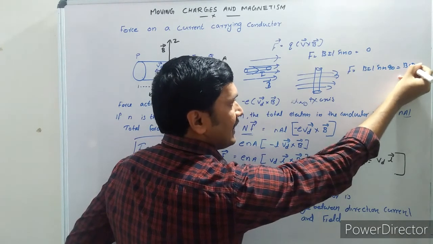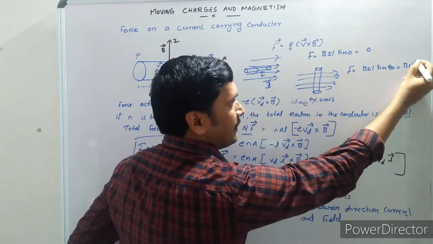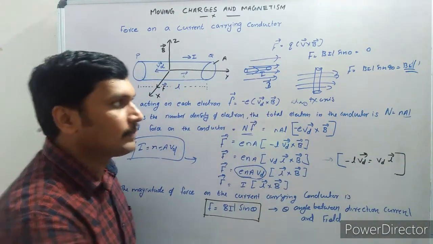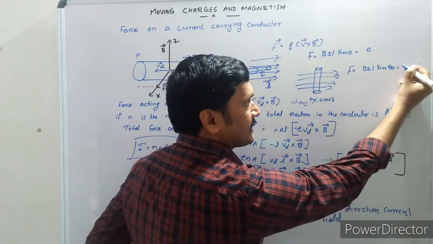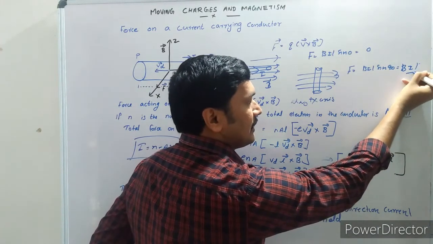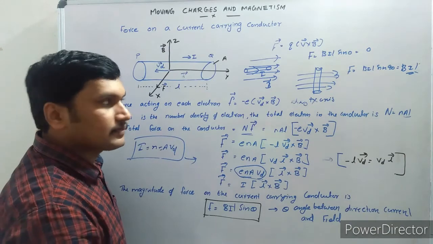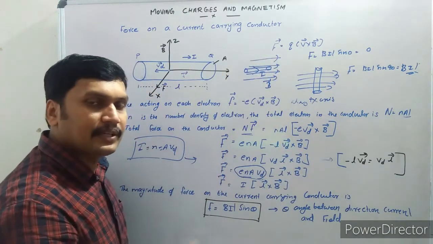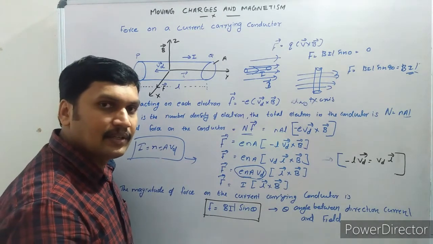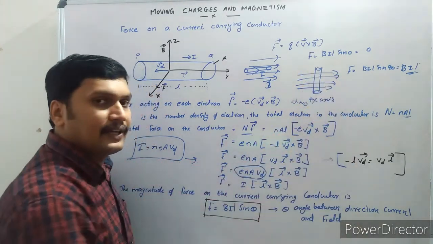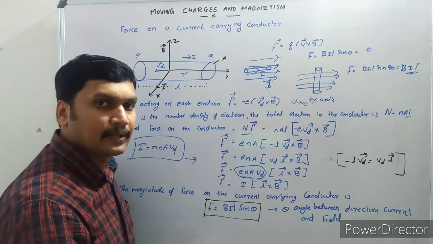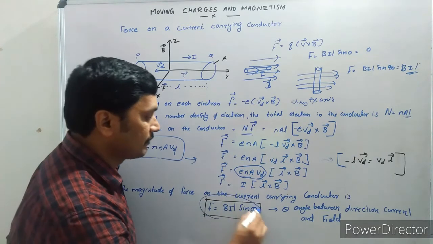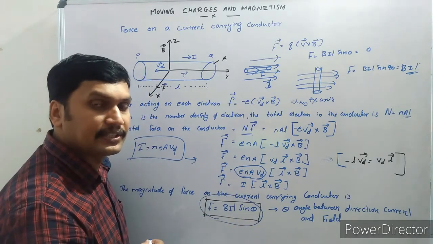So the maximum force is acting on the conductor, that is equal to B I L. So we can say when you place a conductor parallel to the magnetic field, it does not experience a force. If it is perpendicular to the magnetic field, the force acting on it is maximum. At all other angles, it experiences some force, and the magnitude of force is given by B I L sin theta.